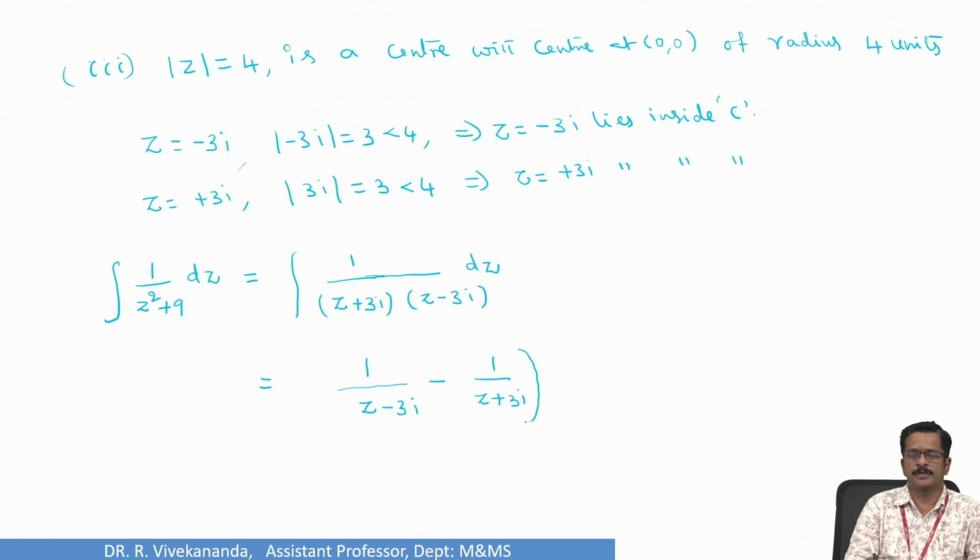When you simplify this, you will get numerator 6i, so that 6i will be balanced by dividing by 6i. By partial fractions, I am getting 1 by 6i into 1 by z minus 3i minus 1 by z plus 3i.